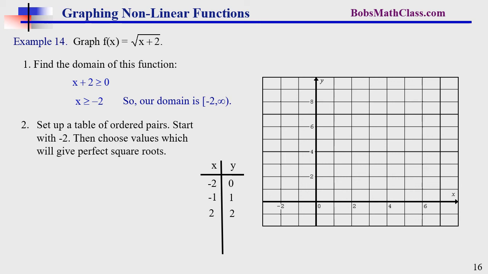So we want to get a 9. What number plus 2 is 9? Yeah, that's it, 7. So 7 plus 2 is 9. Square root of 9 is 3. I think that's plenty of points. You can keep going, but that's already 4. So for square root functions, 3 or 4 points is good enough. Plot those points and then sketch the curve.